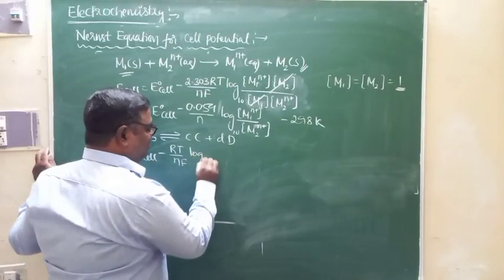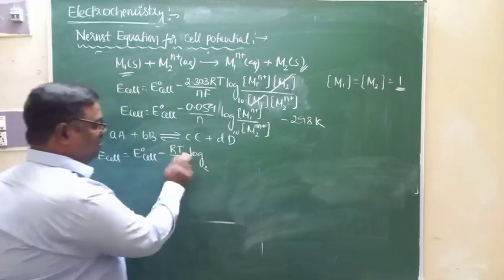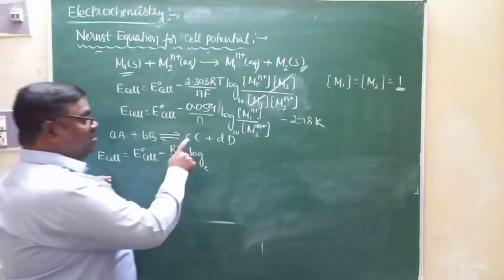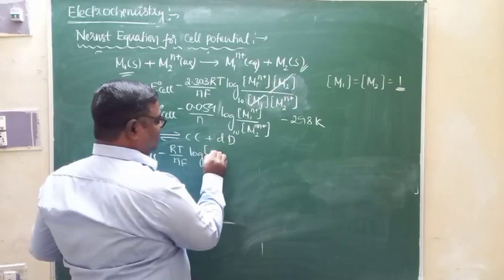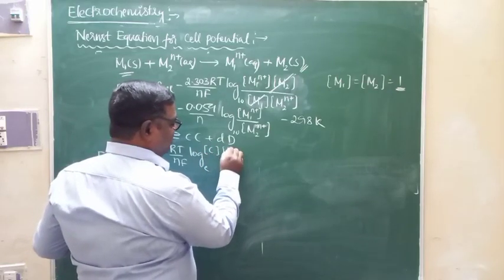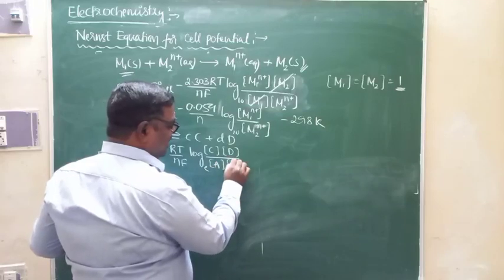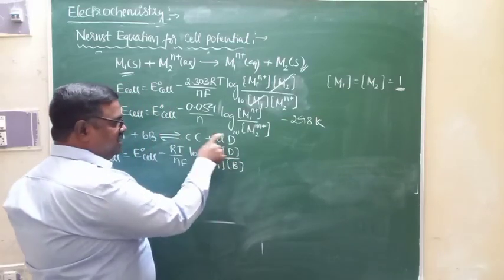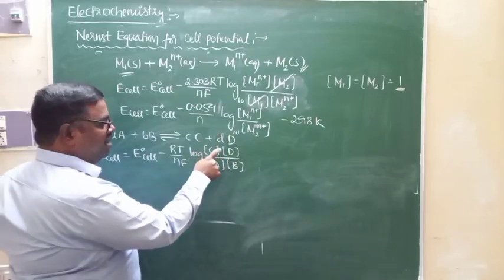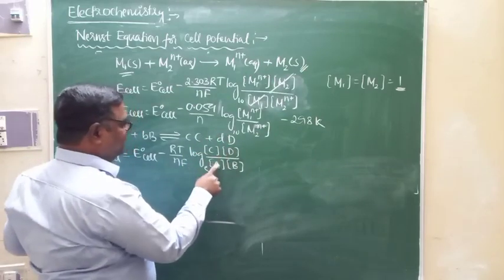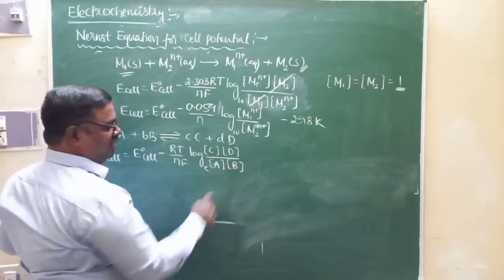Since it is RT, I will write log to the base e. C and D are the products, so molar concentration of products is divided by molar concentration of reactants, A and B being the reactants. Here it is the product of molar concentration of products divided by the product of molar concentration of reactants.